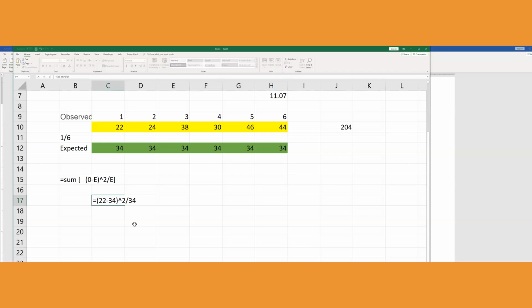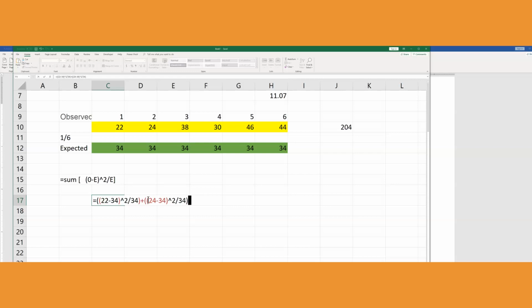I could continue to put that into parentheses and continue the sum plus 24 minus 34 raised to the second power, divided by 34 as well. And this is for the second observed value.